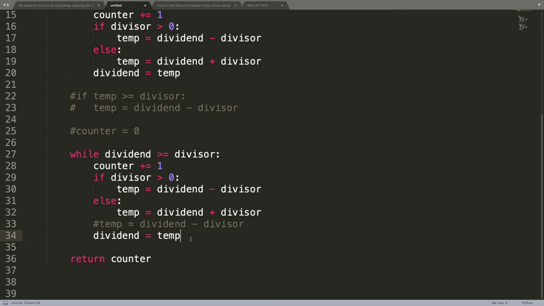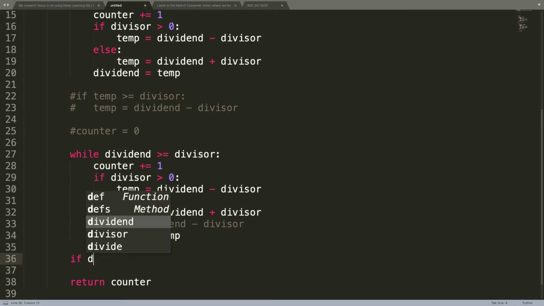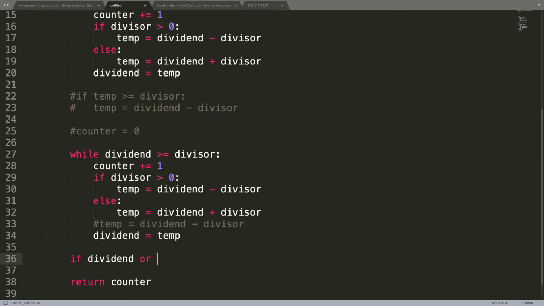I can handle that one and say if dividend is less than 0 or divisor is less than 0, I can say return -1 times counter.